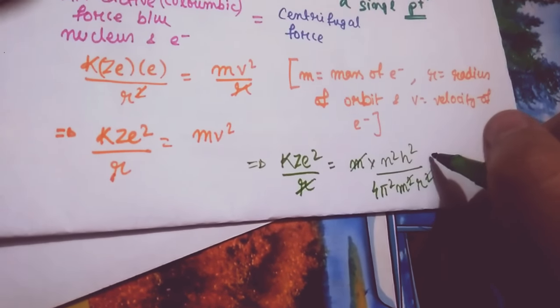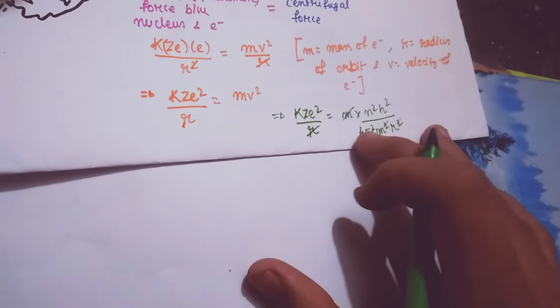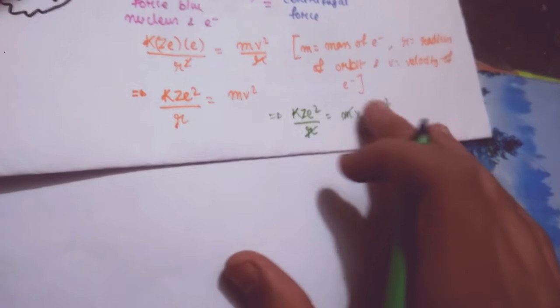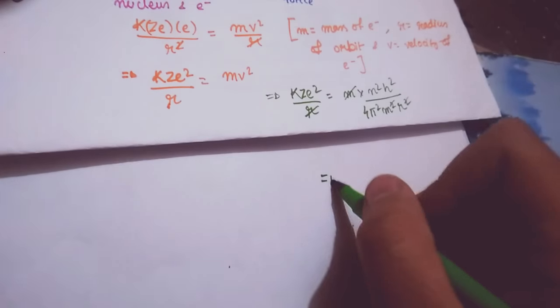So our final equation is something like this, that kZe squared is equal to n squared h squared divided by 4 pi squared m r. Now we are just going to do some rearrangement here.